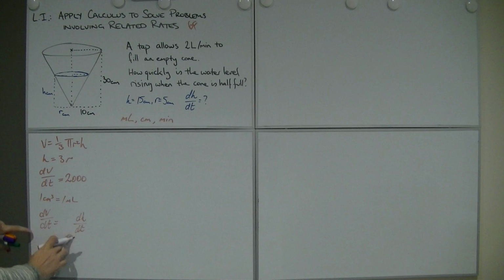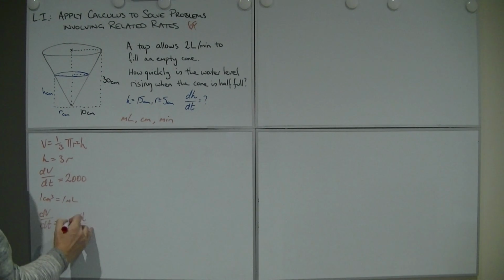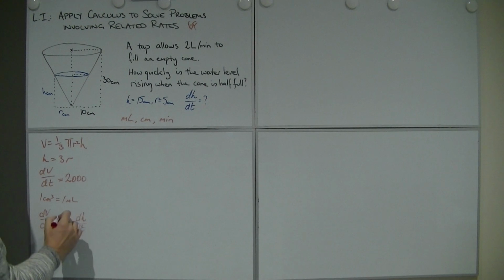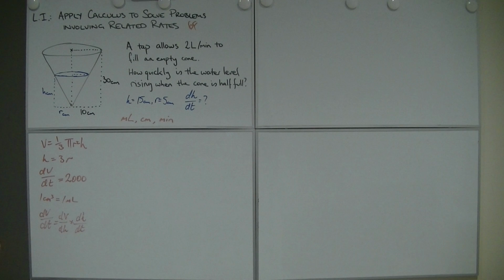Alright, well, if I notice, dt's the same, so what do I need to do? Cool. What I need is a dV on top and a dH to cancel out this one on the bottom. Cool. So, I've got dV dt, that's 2000.